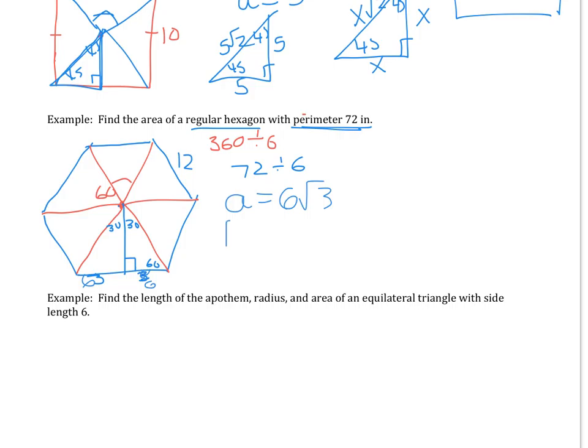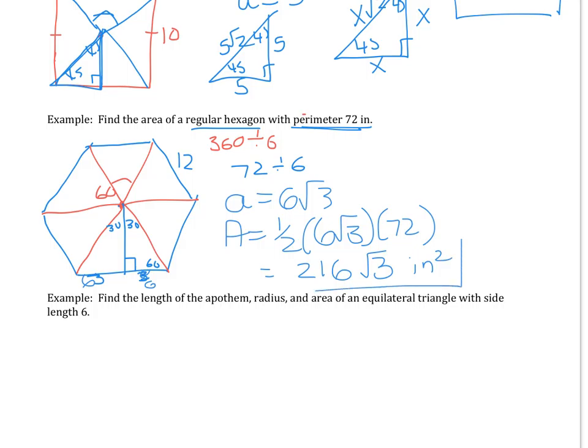So my area is 1/2 the apothem, times 72, the perimeter. Double check my work, please. This comes out to 216 radical 3 inches squared. Do check that and let me know if you get it different.